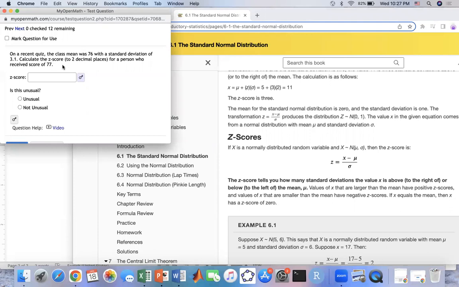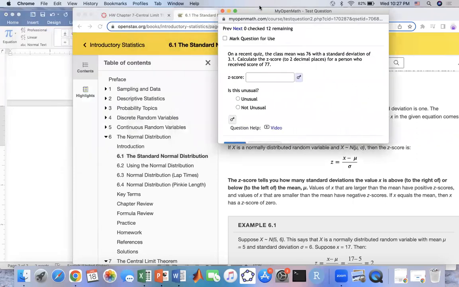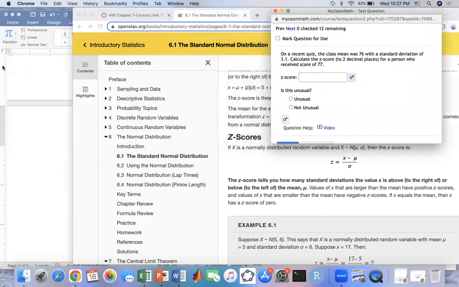So in a recent quiz, the class mean was 76 with a standard deviation of 3.1, and we want to find the z-score of a person who received a score of 77. That means I see how many standard deviations from the mean. That's what it means right here. So let's do this. We're going to plug into the formula.